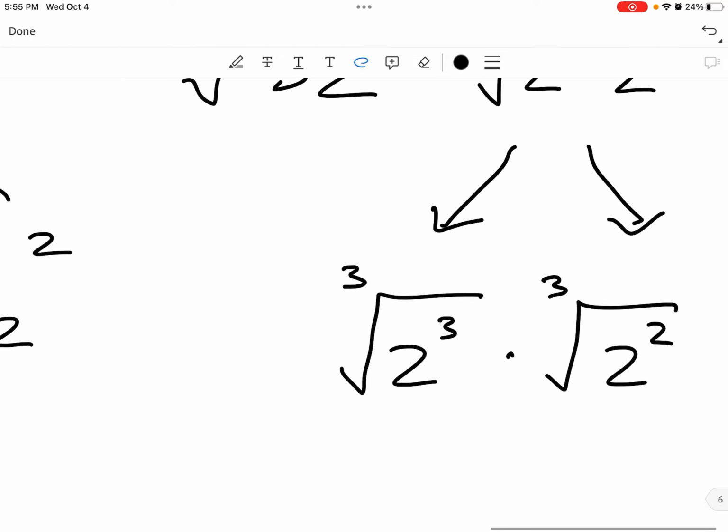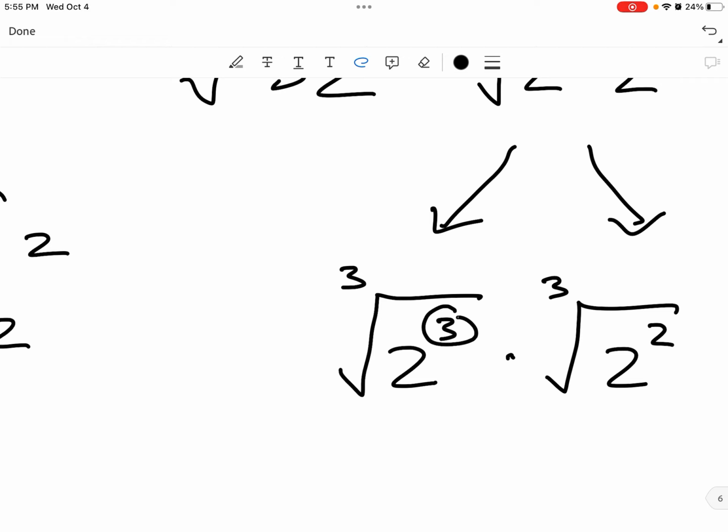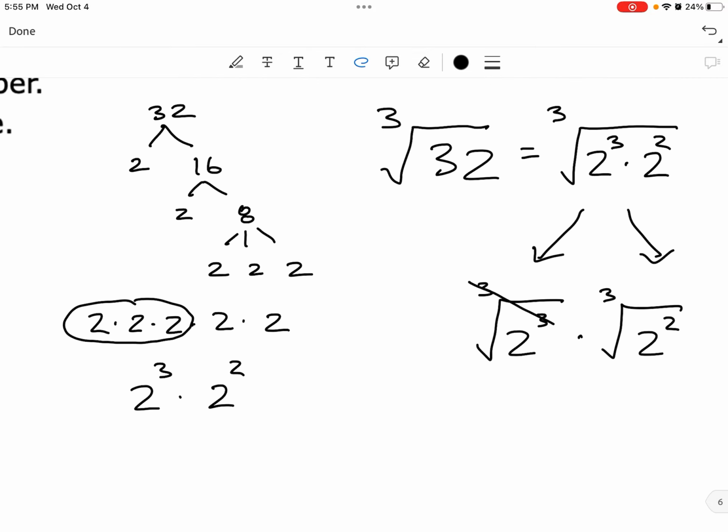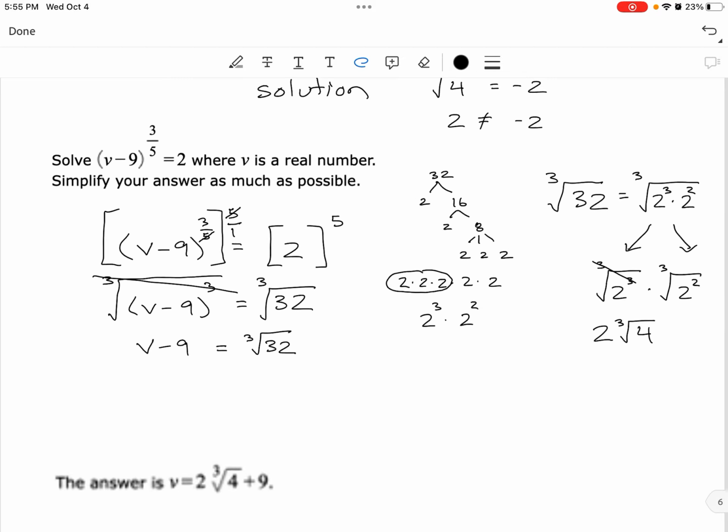Any time that the index and the exponent match, then that's okay. It simplifies to just a 2. Now the other one, there's really nothing we can do about it since the index and the power don't match. So we'll leave it as the cubed root of 4.